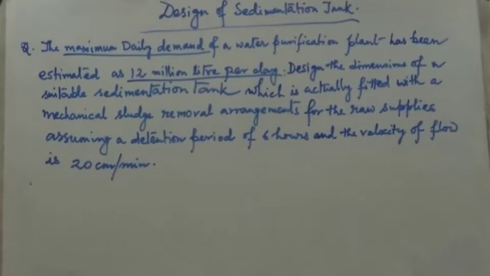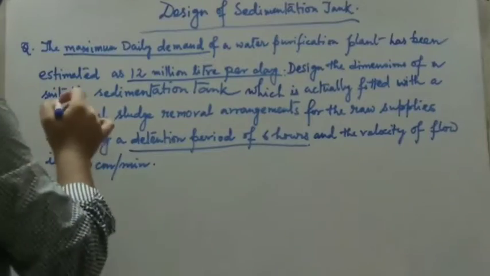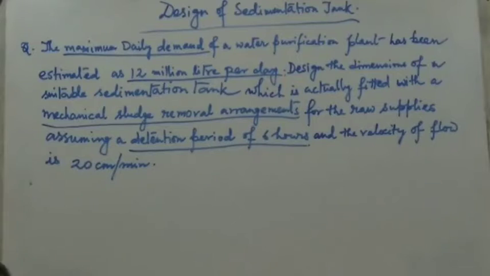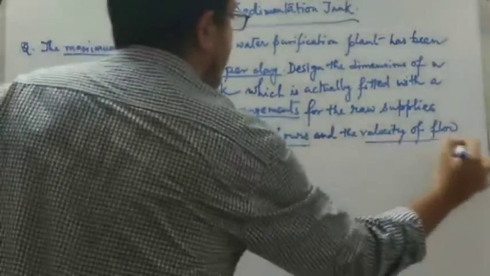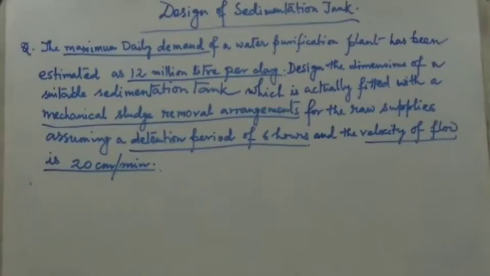Another main data is the detention period of the sedimentation tank, which is 6 hours, and there is also a mechanical sludge removal arrangement in this sedimentation tank. And the last one is the velocity of flow in the sedimentation tank, which is 20 centimeter per minute. So these are the given data for this problem.